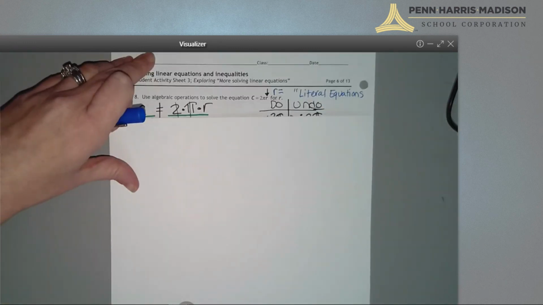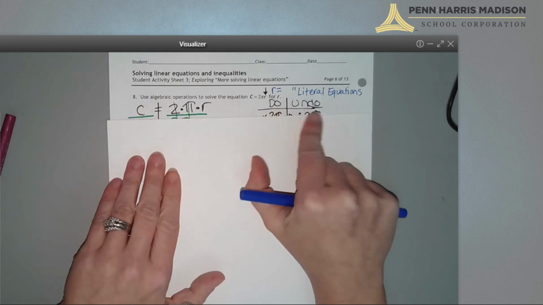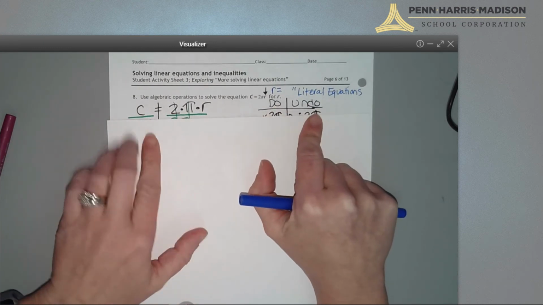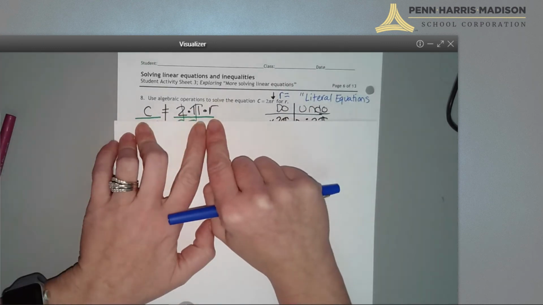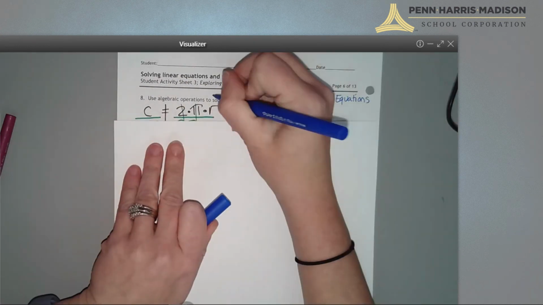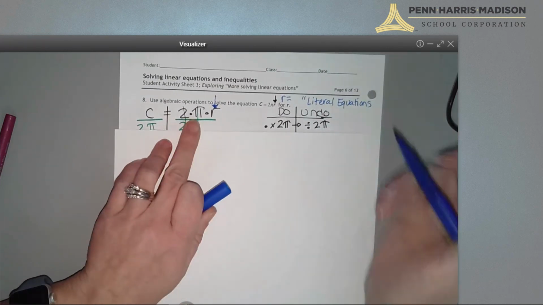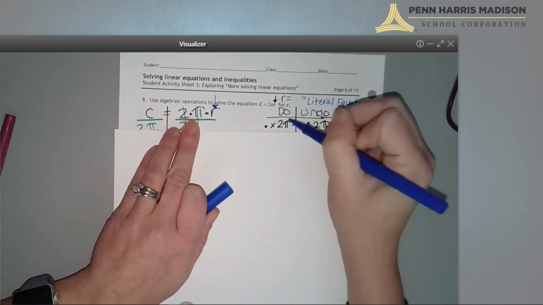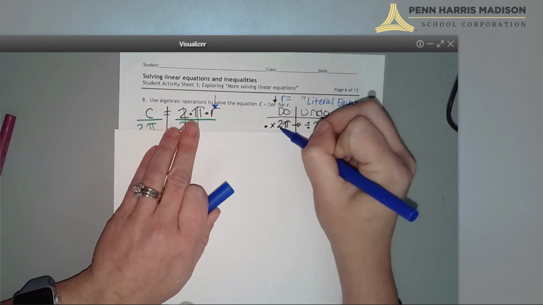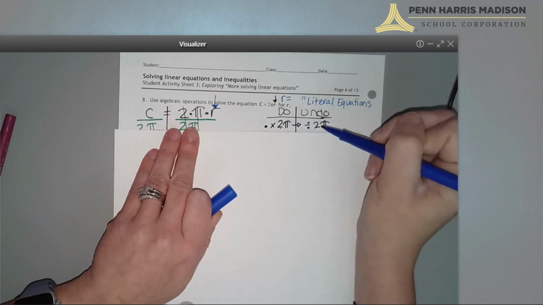For these types of problems, I like to make what I call a do-undo chart. Here's the original problem. I like to say, hey, I have to solve for this r. What's the first thing I see happening to it? Well, the only thing I see happening to it is that it is being multiplied by 2 pi. So how do I undo a times 2 pi?